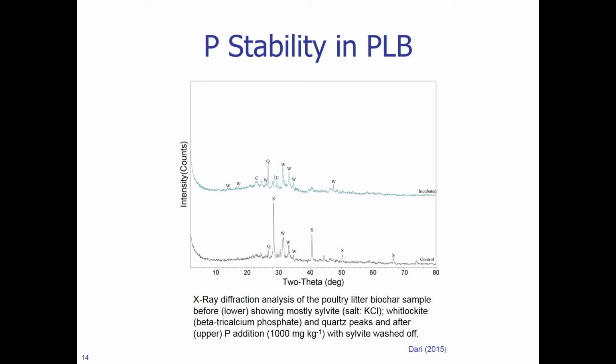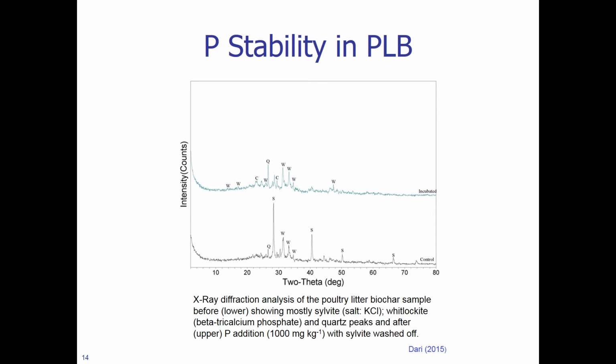And that particular graph showed mostly sylvite. Sylvite is potassium chloride salt, which can, of course, be easily dissolved with water. And then we looked at the same biochar incubated with phosphorus solution for a while, and then looked at the X-ray diffraction pattern, which is the one on the top.